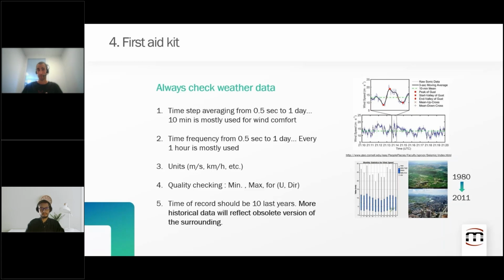If you are completing data from 20 or 30 years back, the city has completely changed, so it has completely evolved and it may affect your wind data. Okay, so these are the basic rules. Next slide.